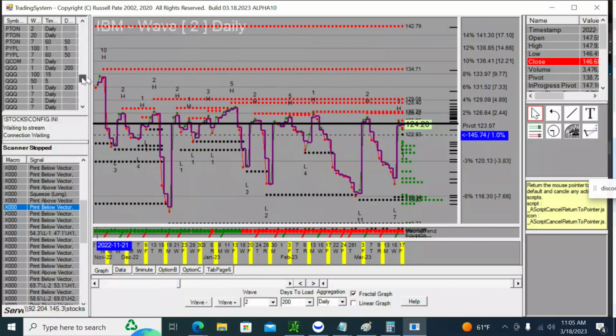And let me add IBM. I think I already did it. IBM 760.